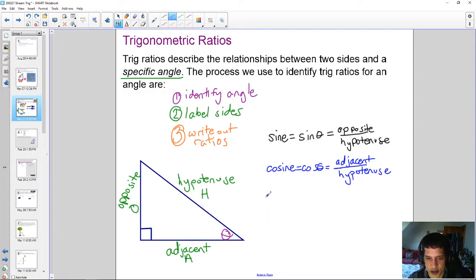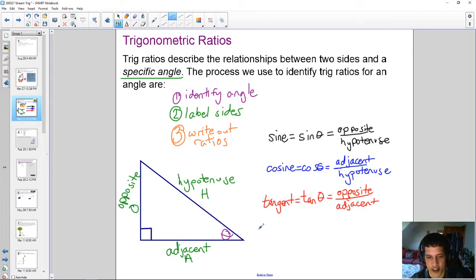And our third ratio is tangent, which we can abbreviate as tan theta. And that's going to be opposite over adjacent. Okay?